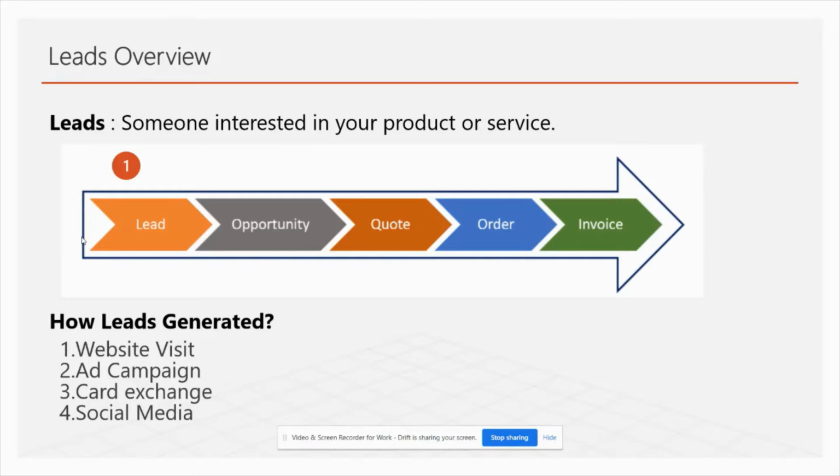Also on social media, you posted some information, and someone showed a like or interest on social media. This way, companies are generating leads. I hope you got the idea of what is meant by a lead. So let's move to the next section.